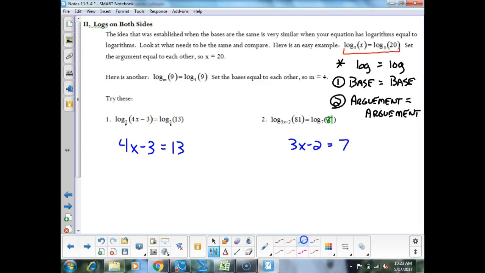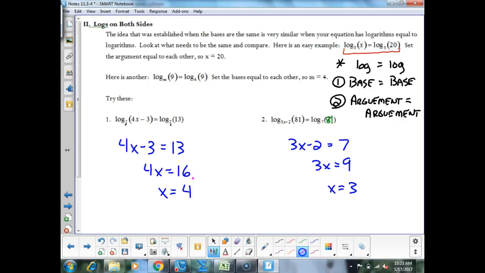Okay? So solving this one, I would add 3 to both sides, so 4x equals 16, and then divide by 4, so x is equal to 4. Now, on the other one, I'd add 2, 3x equals 9, divide by 3, x equals 3.